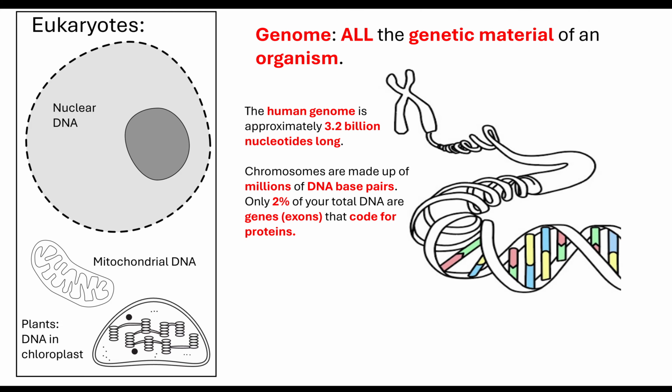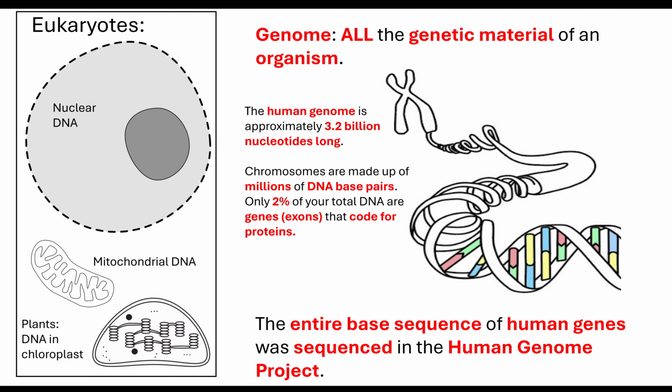Because we have sequenced the entire base sequence of the human genes, which is known as the Human Genome Project, we've learned a lot more about what those sequences of DNA bases actually relate to with regards to proteins. And so we're going to learn more about this with regards to DNA sequencing in a whole other video.